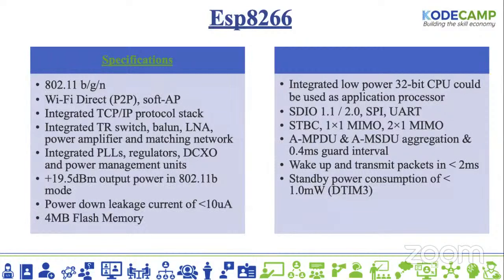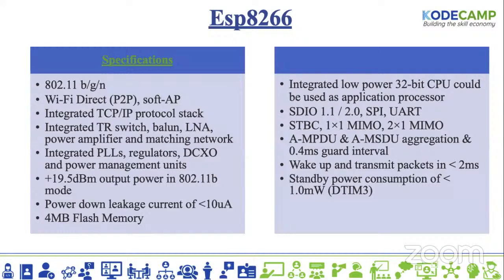Now 802.11n is talking about 140 megabits per second. Well, that's fast. So most of the devices are now using 802.11n because it's able to transmit lots of information.